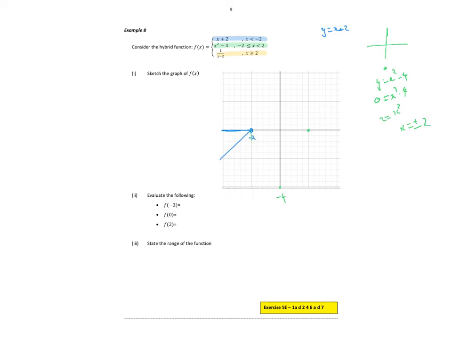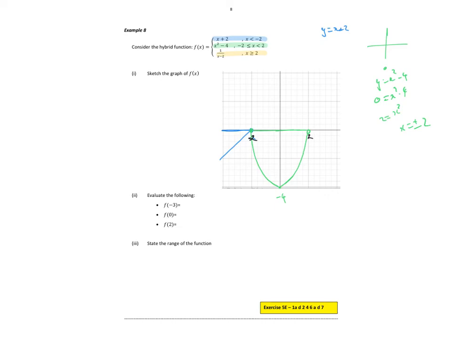So I'm going to come down in a nice parabolic curve and back up again. Now, what about solid and hollow? Solid point at -2 and a hollow point at +2. So let's just get rid of that. And again, there's my green domain here between -2 and +2.